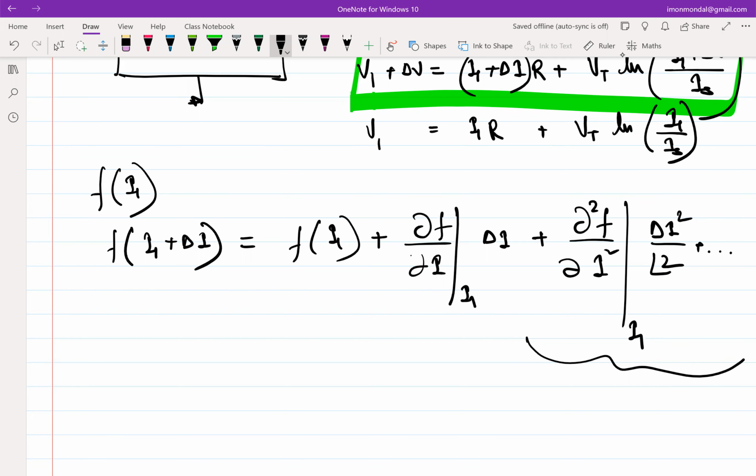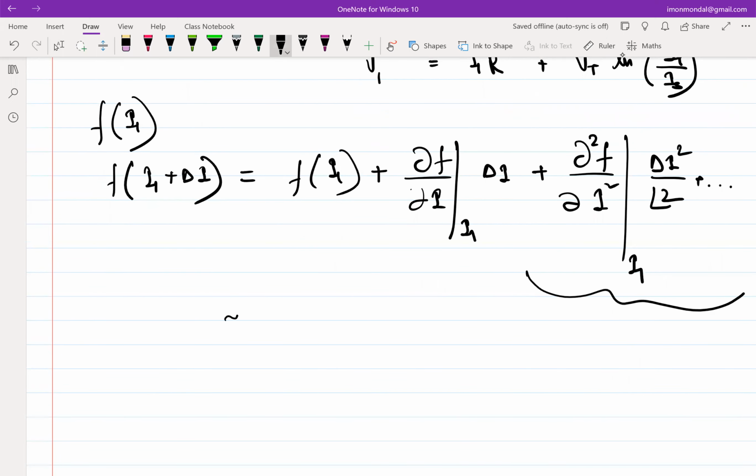So in other words, if I say that del I is much smaller, I haven't yet defined what del I is, but let's assume that you have imposed a condition such that del I is so small that I can neglect these higher order terms. Then I can simply say that this is approximately equal to f of I1.